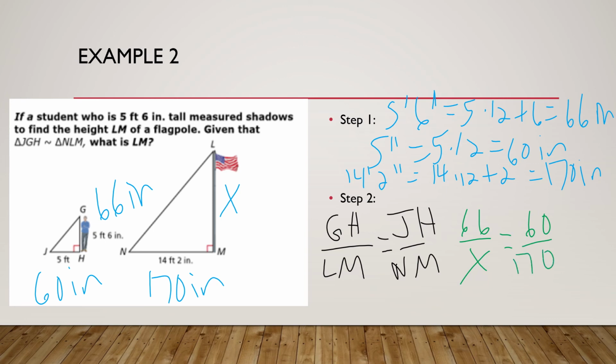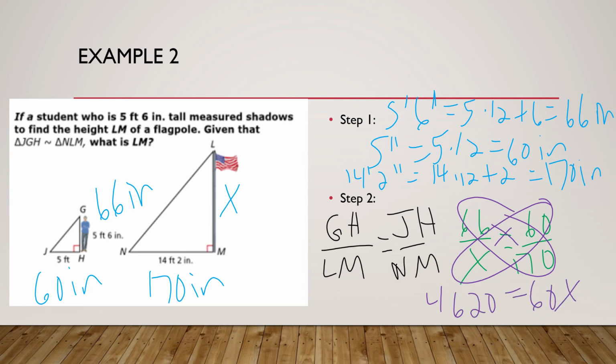We're going to use our cross multiplying in order to solve. So we're going to take 66 times 170, which gives us 4,620, equal to 60 times x, which is 60x.